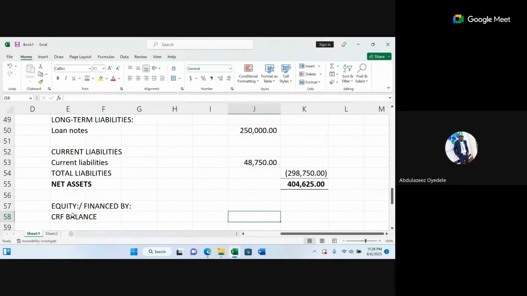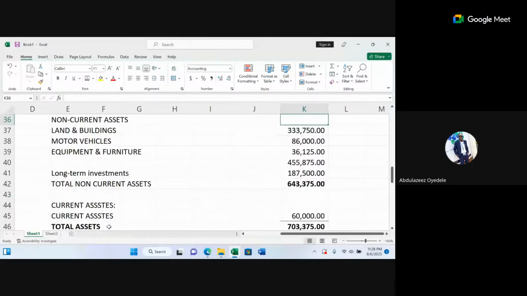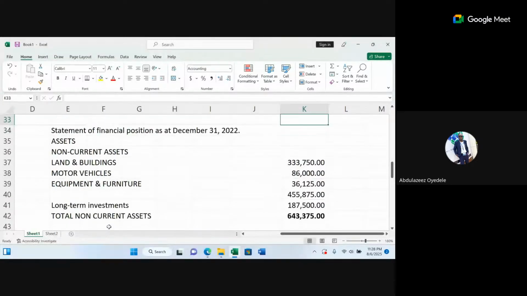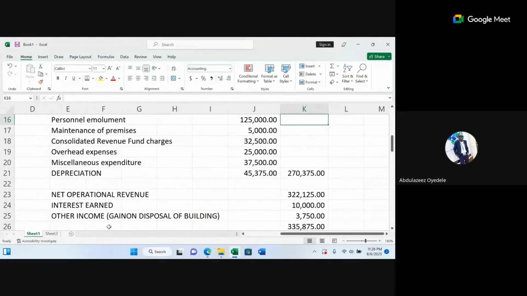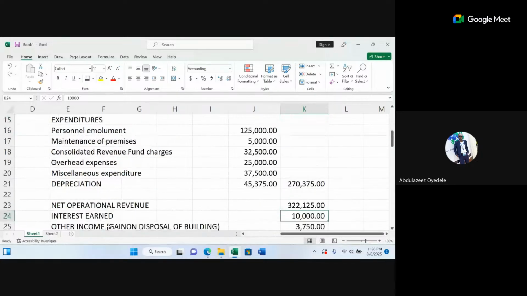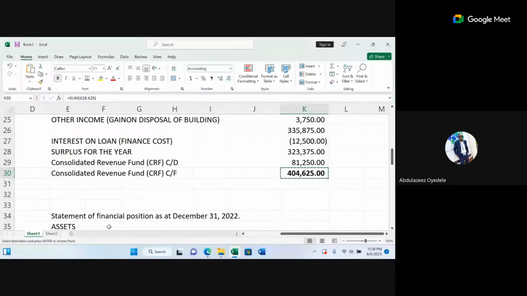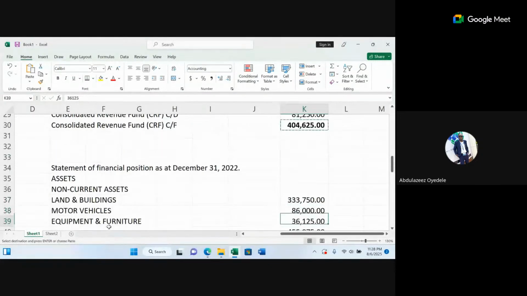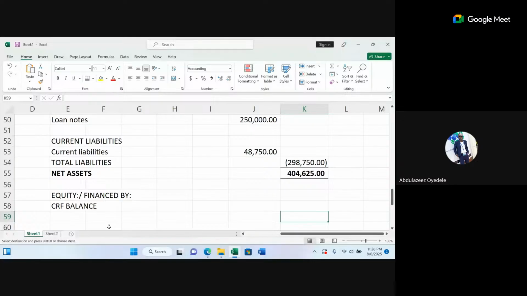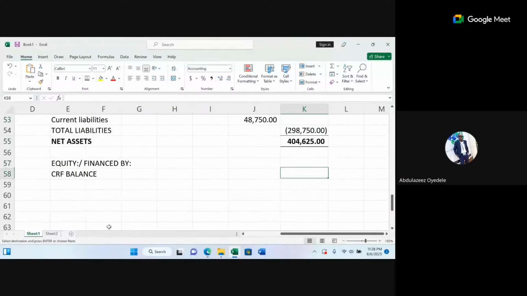If you check our solution from the statement of financial performance that we prepared earlier, our CRF balance is 404,625, which is the same thing that we have here, 404,625.